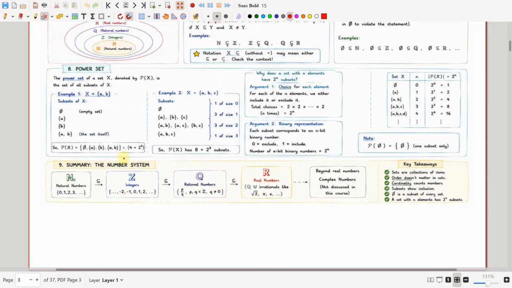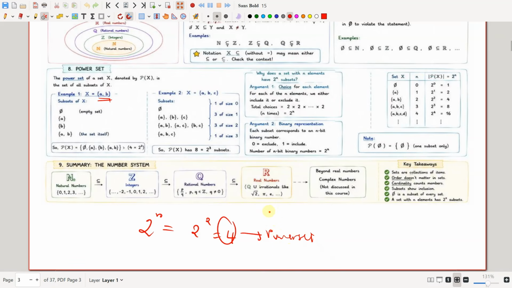Therefore the cardinality of the power set can be found by using this formula, 2 power n. See here, we have two elements, so the value will be 2 power 2, which is 4. This means that my power set will contain 4 elements.